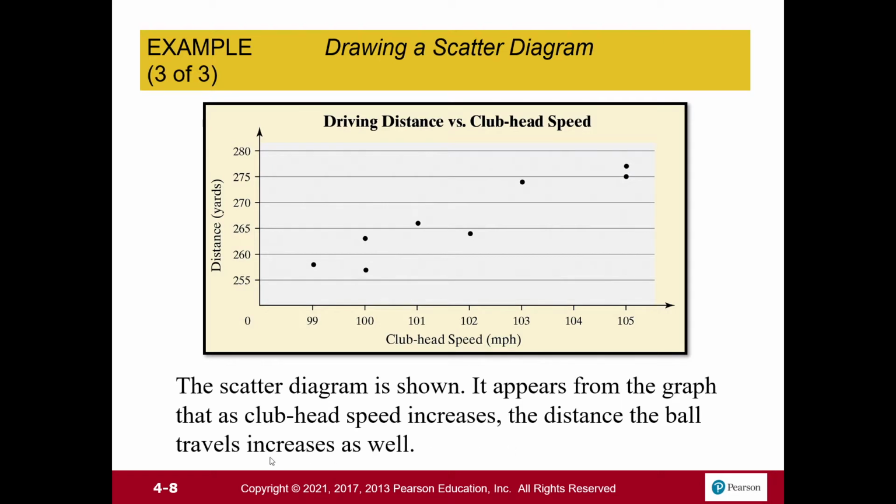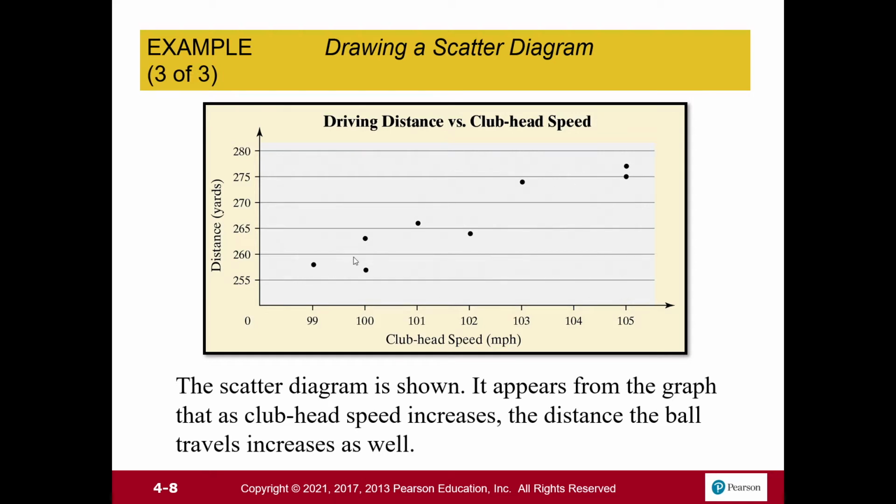It appears from the graph that as the club head speed increases, the distance the ball travels increases as well. So to the trained eye there is some sort of pattern happening, and what we're noticing is that as the club head speed increases, the distance is increasing.